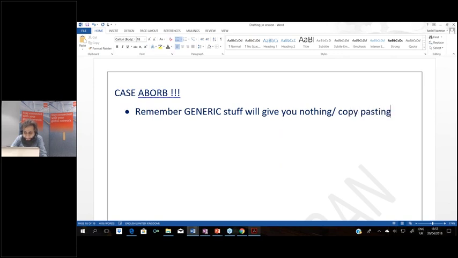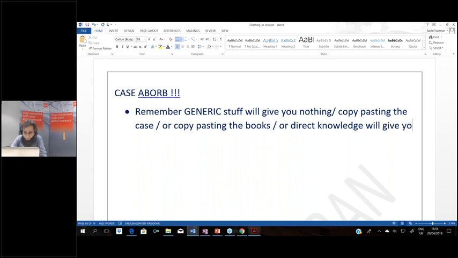Copy pasting the case or copy pasting the books or direct knowledge will give you less than 50. It has to be case specific.